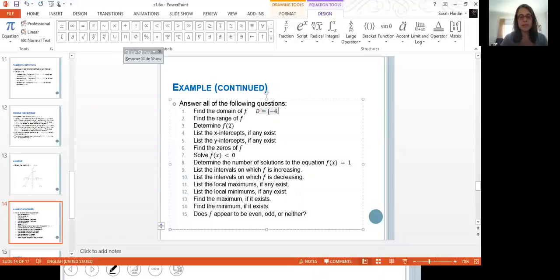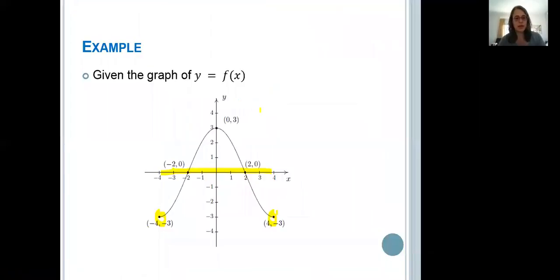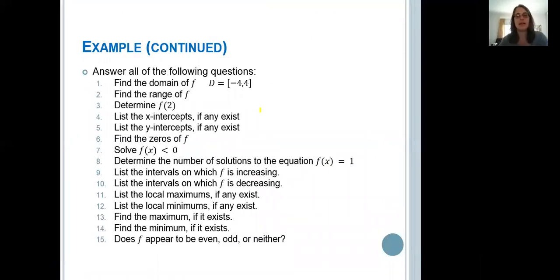We go up to my biggest x, which is 4, and it's included in the set, so we put another bracket. So that is my domain. My domain is the set of all x's between -4 and 4. Okay?